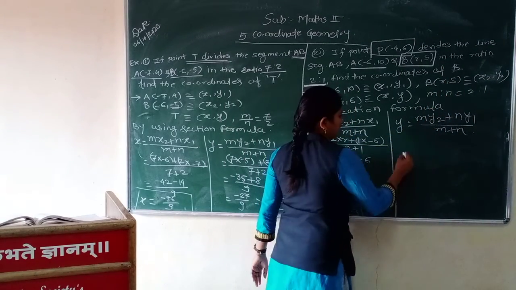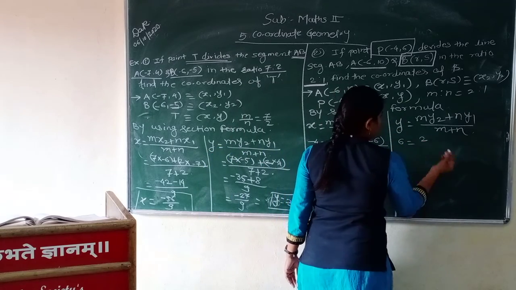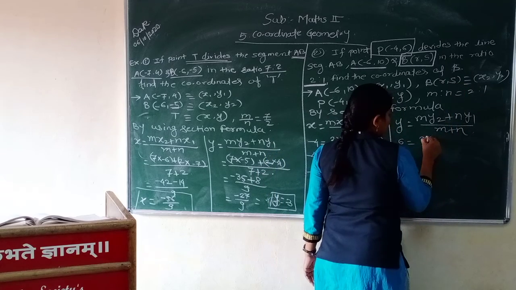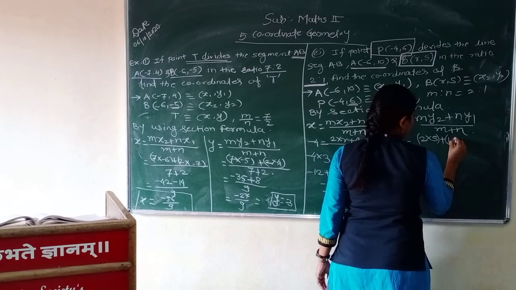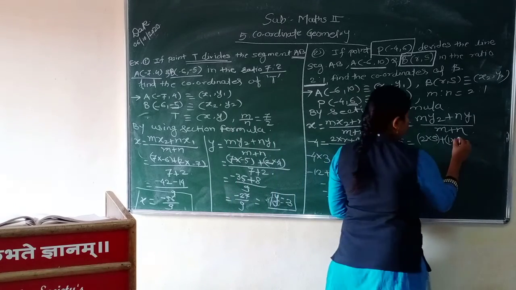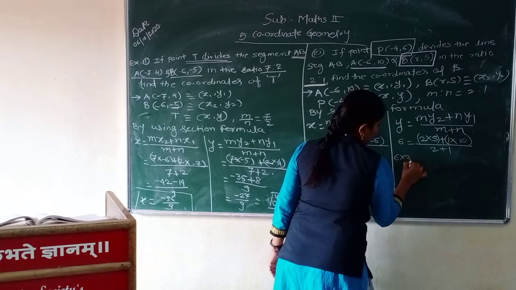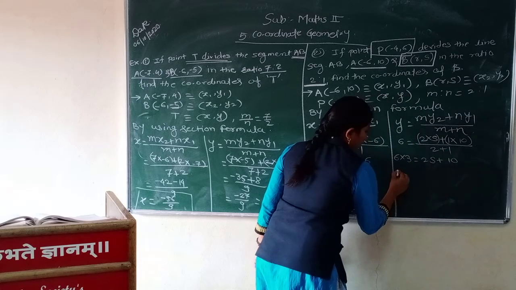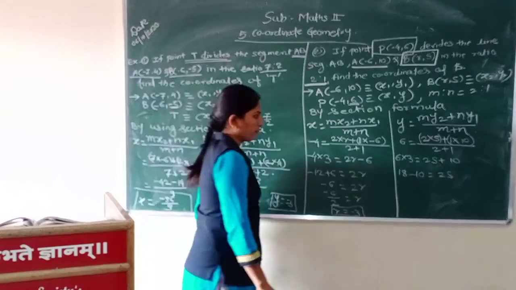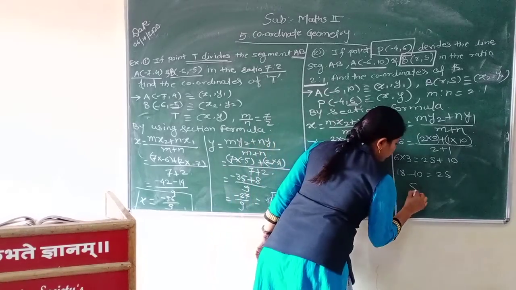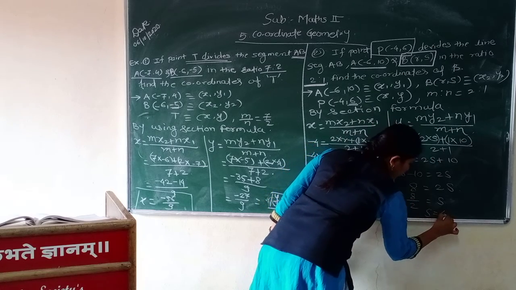Similarly find s. Then y is given 6, m is 2, y2 is your s, plus n is 1 and y1 is 10, upon 2 plus 1. 6 into 3 is 18, so 2s + 10 = 18, 2s = 18 - 10. 18 minus 10 is 8, equal to 2s, and your s will be 8 upon 2, s is 4.